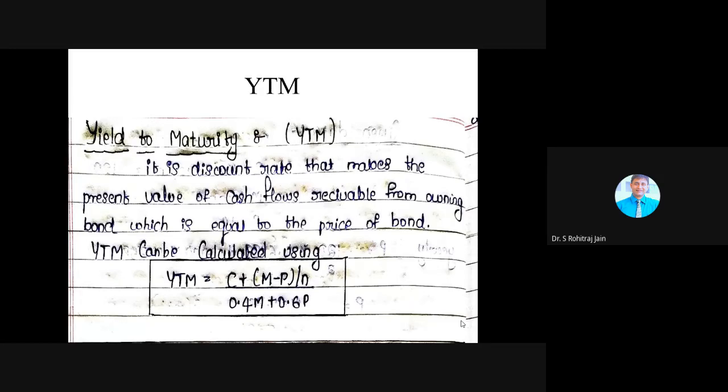So how do we calculate in the questions? They'll clearly mention to all of you, calculate the YTM of the bond. So you can directly use this. YTM is equal to C, that is coupon interest, plus M minus P divided by N, whole divided by 0.4 M plus 0.6 into P, where M is the maturity value and P is the price of the bond.